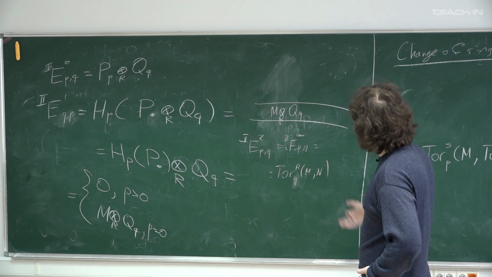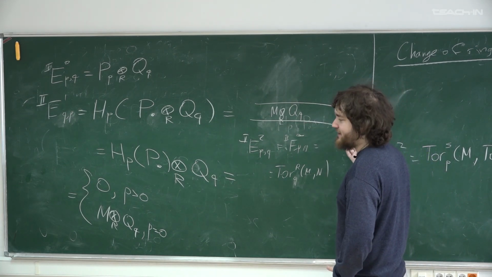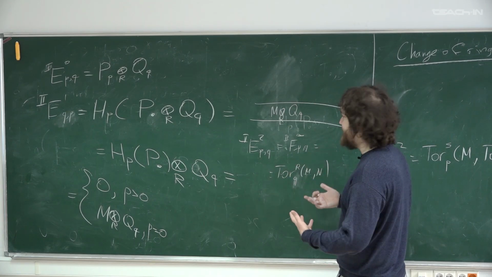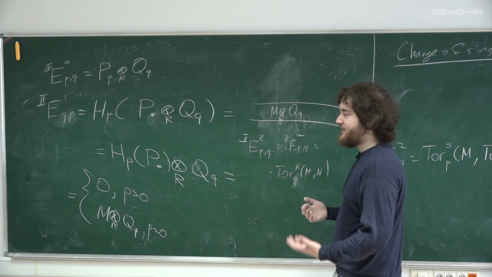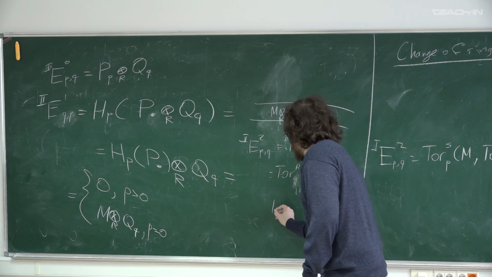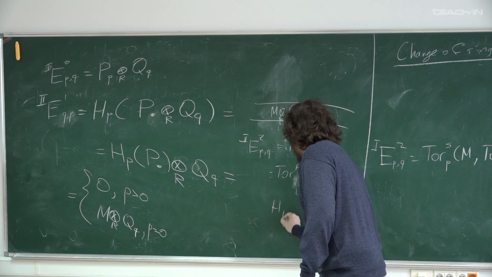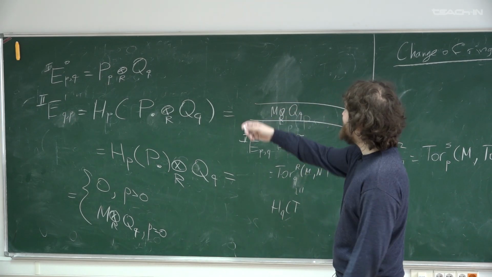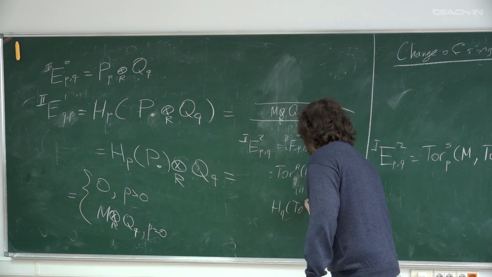Since there's only one row, the infinity page is the same as the target. So in fact, this is isomorphic to the homology of this total complex.